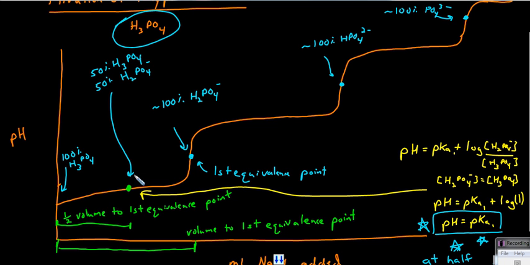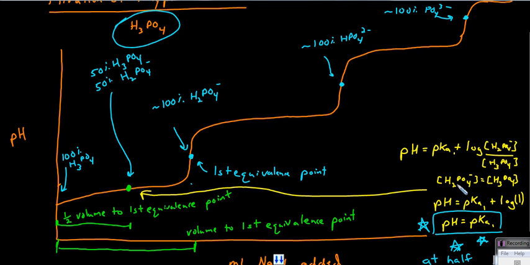Now, at this 50-50 mixture, what will be the pH? Well, you know that pH can be found by having the pKa and the log of the concentration of the conjugate base over the concentration of the original acid, the Henderson-Hasselbalch equation. Now, at this point, being that you have a 50-50 mixture of these two compounds, that is, they're equal in concentration, they are going to allow you to have a log of 1 there.